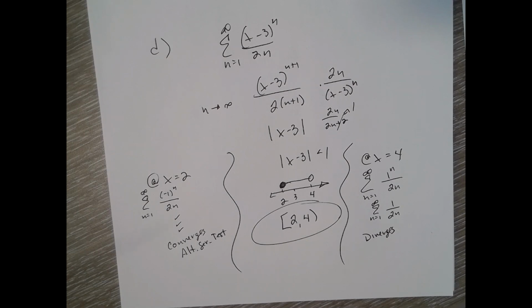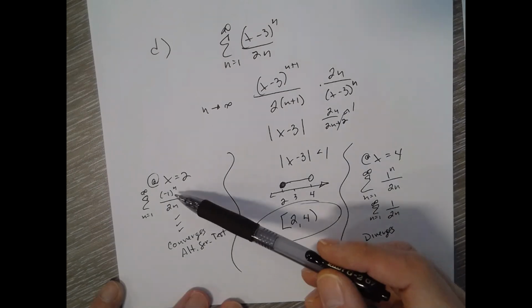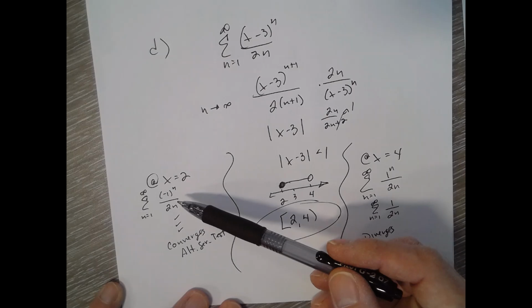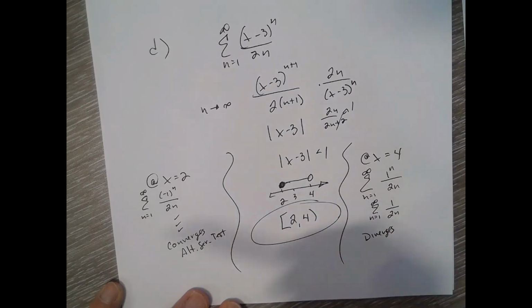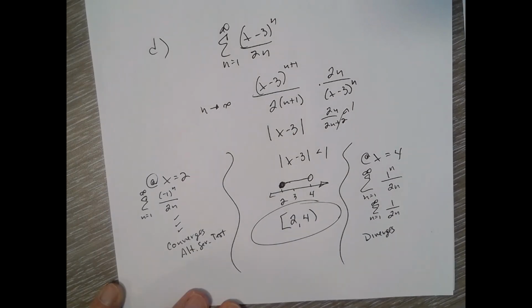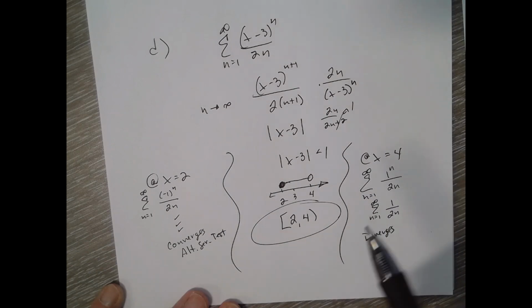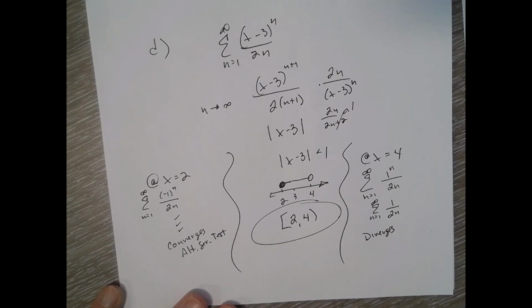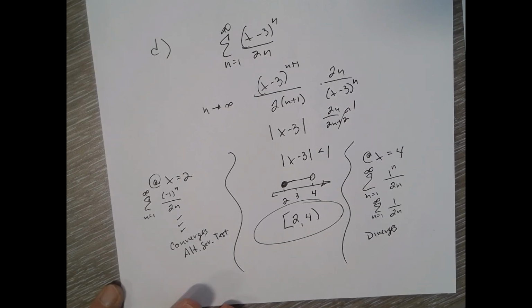No. If you plug 2 in, we get this. Does this converge absolutely? It doesn't, because if you get rid of that negative, it's going to diverge. So if you were asked, where does this converge conditionally? It converges conditionally at 2, because it converges, but does not converge absolutely. That's the only place that it would be conditionally convergent, just at x equals 2.